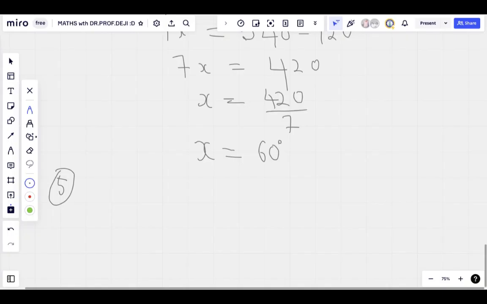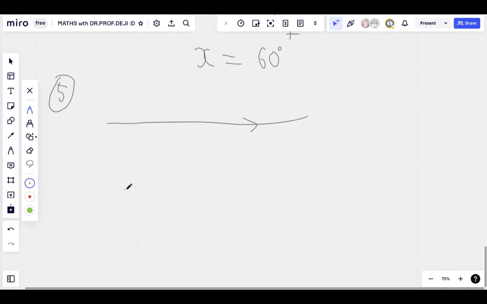We say angles in parallel lines. If I draw a line, and then I draw another line, these two lines are parallel to each other. Like we said, parallel lines are two straight lines that will never meet. If I draw a line across the parallel lines, then we begin to find the angles.